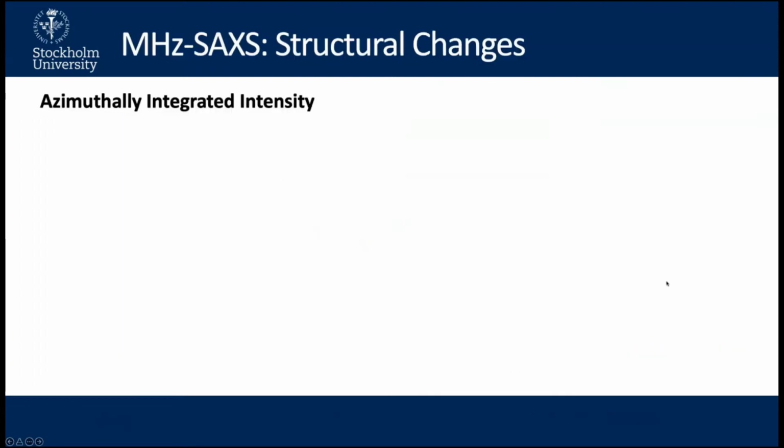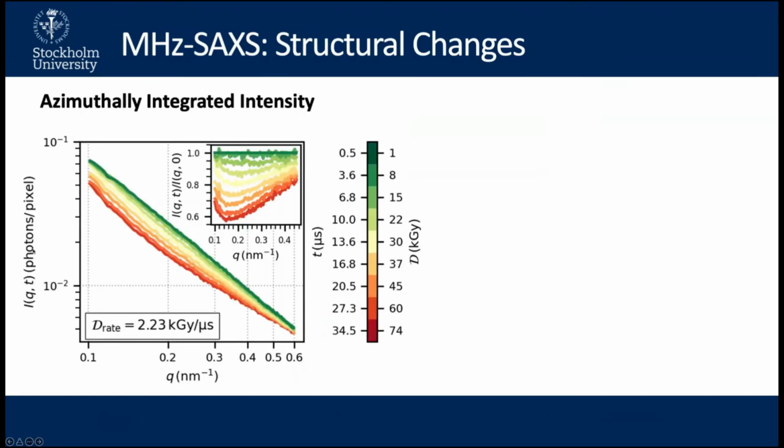So the first thing we did was looking at the megahertz SAXS, just azimuthally integrating the intensity. This doesn't take into account the speckles, but just gives you information about structural changes. This is shown here on log scale, the I of Q versus Q, for a certain dose rate.